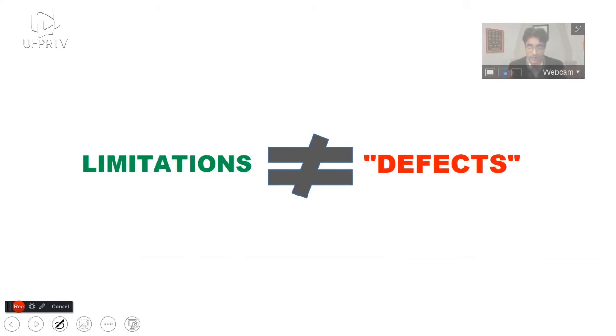What I mean by limitations is, how generalizable are the findings in your study? What are the limits of the interpretability of your findings? Because remember, your results will always be an artifact of the method that you use to yield those results.